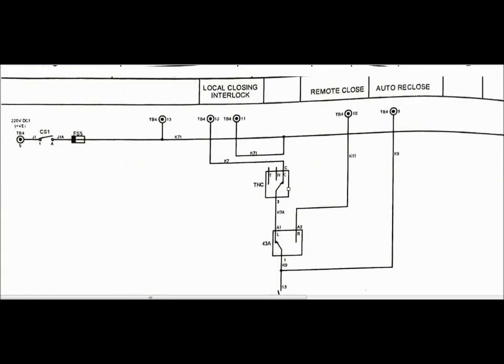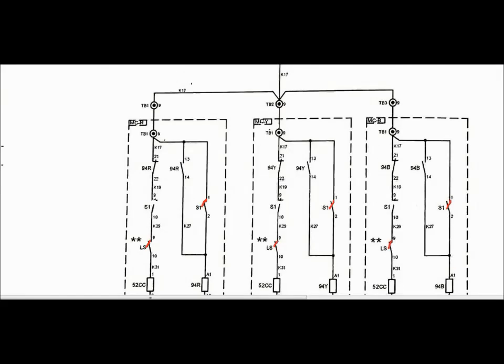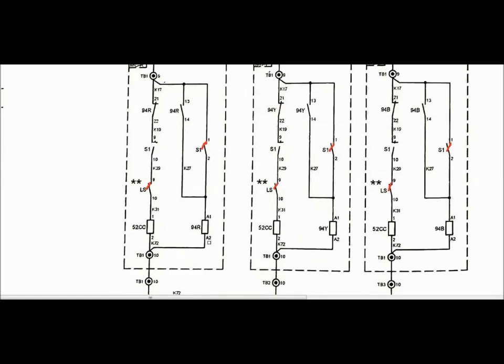Now if I give another DC closing pulse from the trip neutral close switch, then this DC does not come to the closing coil path, as these S1 contacts are in open position. Instead, this DC comes to the anti-pumping relay. The anti-pumping relays of red phase, yellow phase and blue phase will be energized.